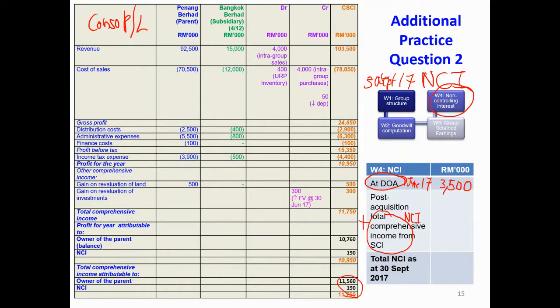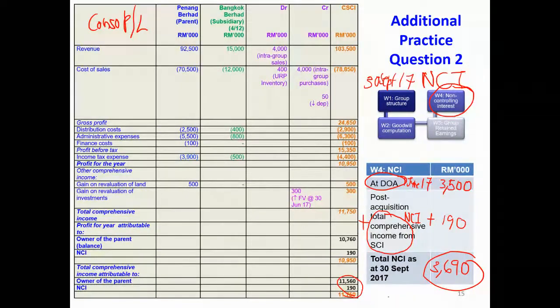If you go to your consolidated P&L, your total comprehensive income is how much? 190. So what do you do? You add these two figures up together. So your NCI, your actual amount as at 30th September is 3.69 million. It's not 3.5, but 3.69. So later on, this is working number 4. So this one you will put inside your NCI in your worksheet later. Okay.